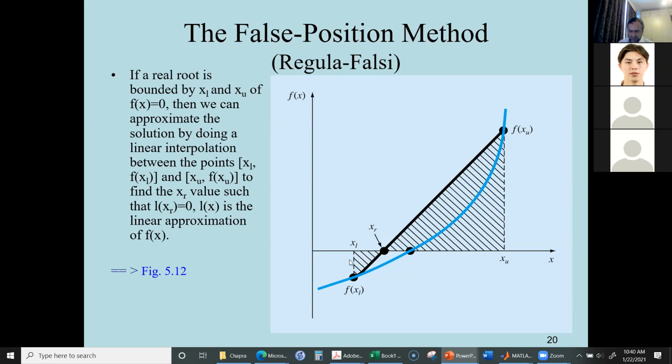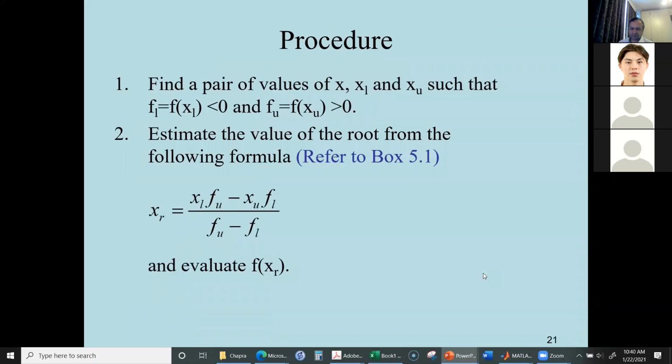You take this small triangle and this bigger triangle, compare the lengths of the sides, and then you can find the unknown value of xr. By simple algebra, xr is equal to (xL times fU minus xU times fL) divided by (fU minus fL).